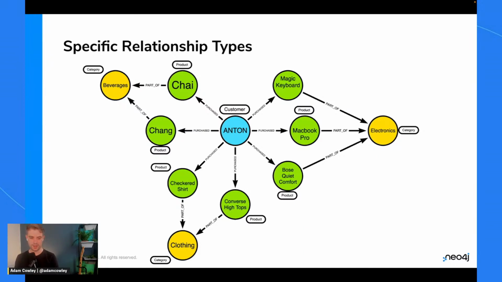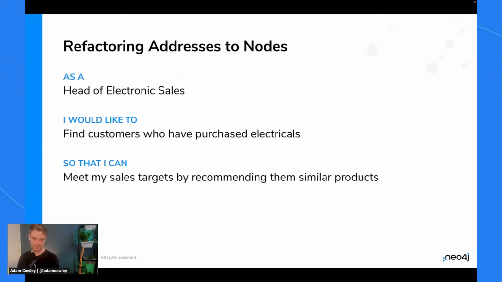So he's got 2 purchases there that are beverages, or products that are categorized as a beverage, 2 items of clothing, and then he's bought 3 from the electronics category. So maybe the head of electronic sales comes along, says, I'd like to find all the customers that purchase electricals, so I can meet my sales target by recommending them some sort of upsell.